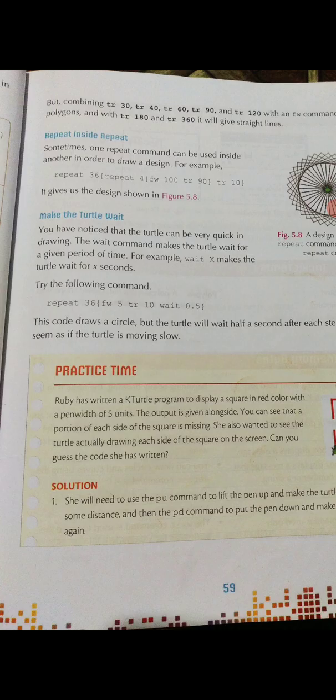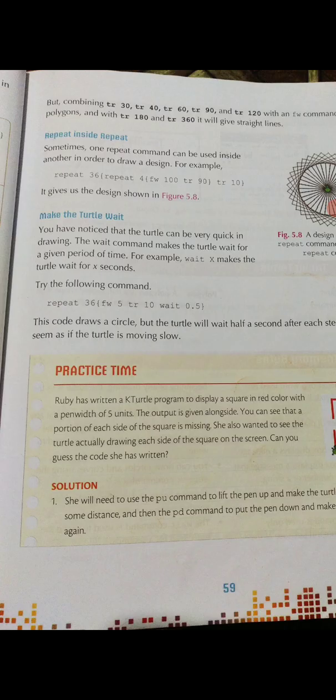Here the turtle has to be in a waiting position, meaning the user is not in the current position to start. That time it comes for wait. Clear? This much is clear to you?